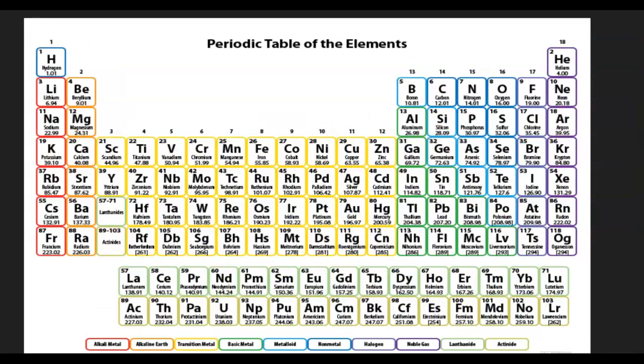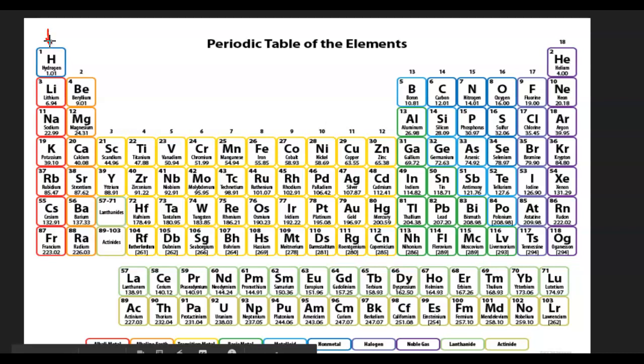And then the last thing that I want to talk about is valence numbers or valence electrons. One of the things that I'd like to show you is an easy way to determine the valence electrons in each of the groups of the periodic table.